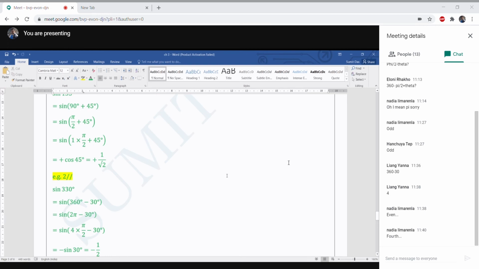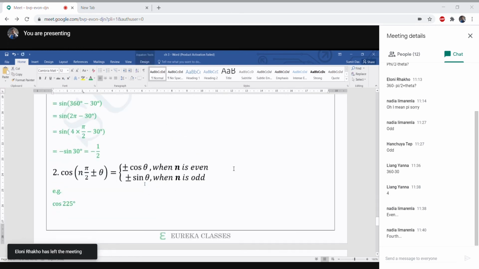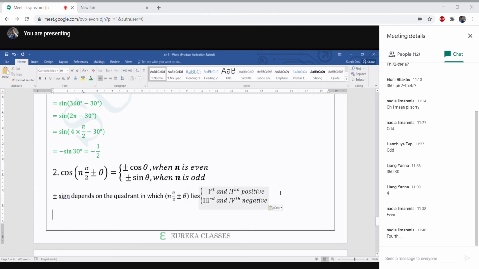And I hope all of you know the sign for this one. In which quadrant is cos negative?